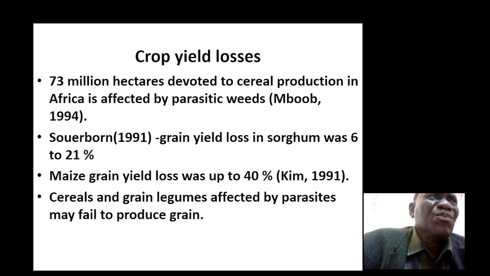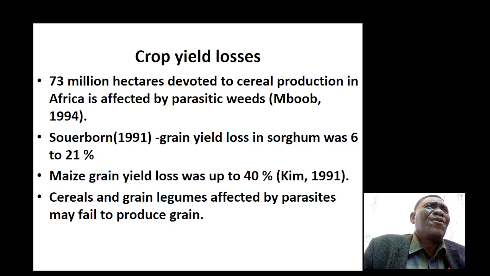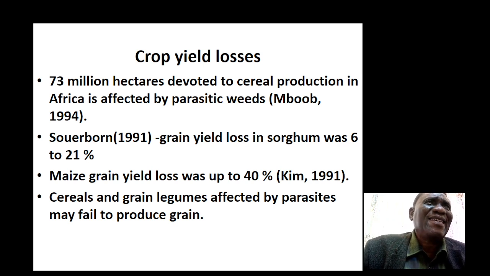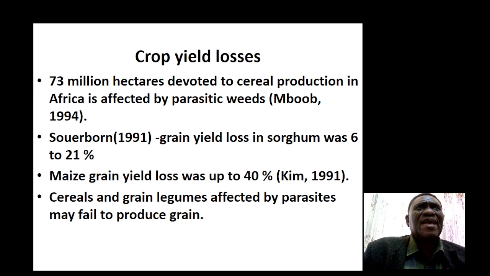Now, according to Mbwa in 1994, he indicated that about 73 million hectares, which were devoted to cereal production in Africa, were affected by parasitic weeds. So in areas where cereals are grown in Africa, there's a potential of them being parasitized.